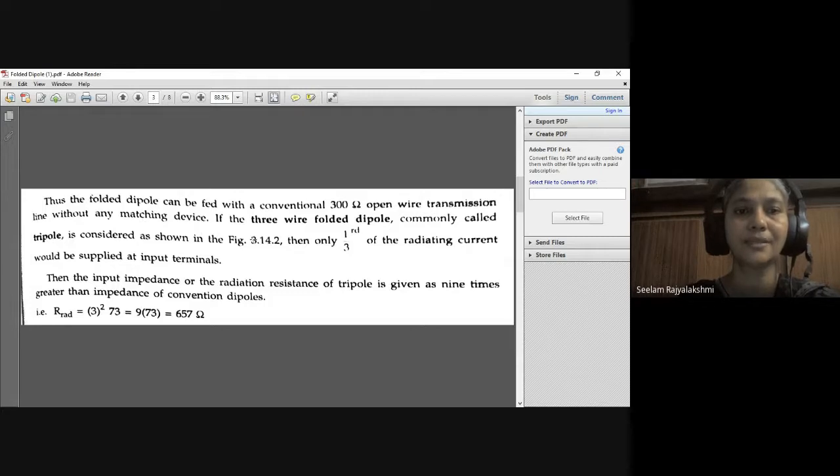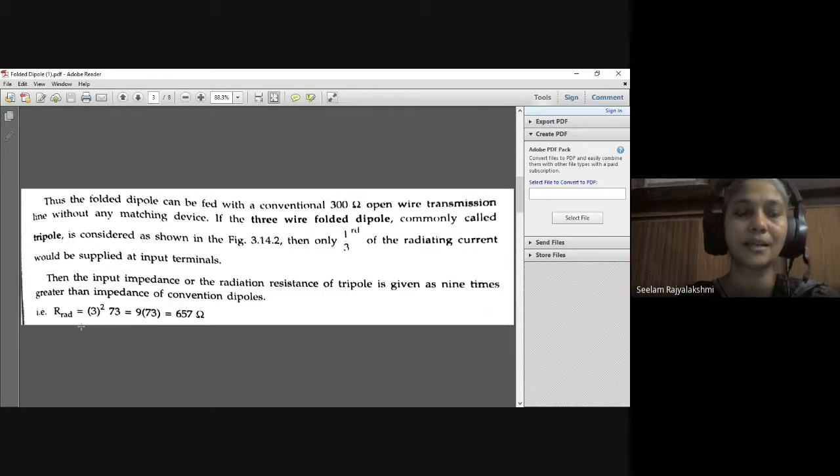without any matching device. Already we have considered the two half-wave folded dipole. If you consider a three wire folded dipole, commonly called a tripole, which we can see in figure 3.14.2, one third of the radiating current would be supplied at the input terminals. So the input impedance or radiation resistance of the tripole is given as 9 times, that means 3 squared, the impedance of the conventional dipole.